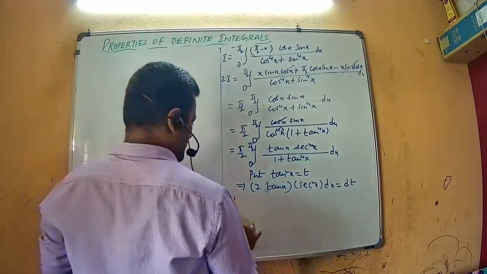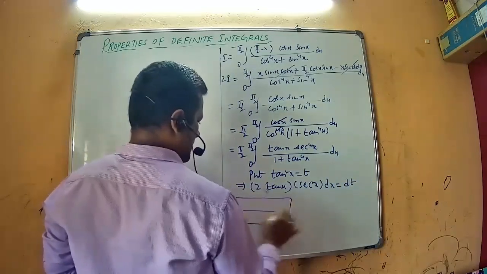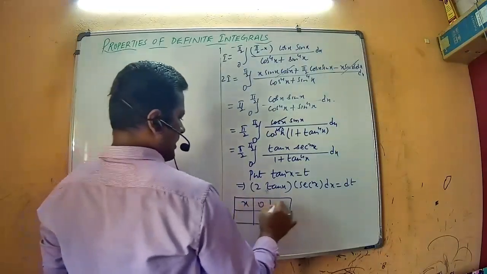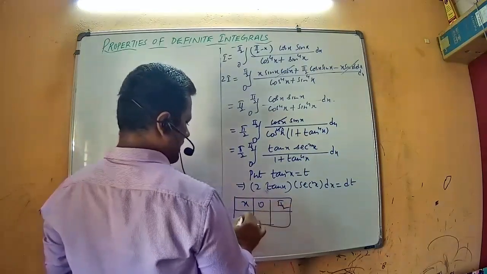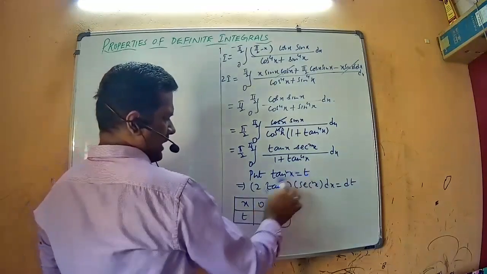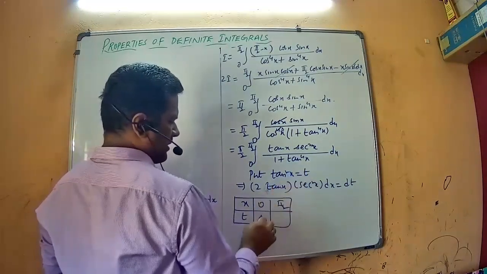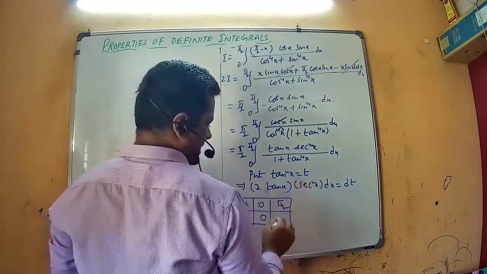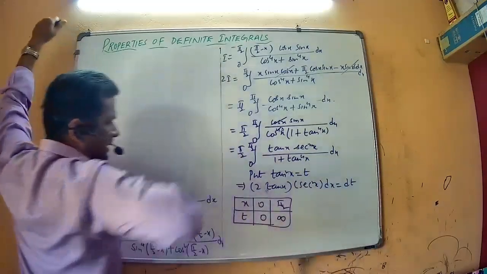Now the limits also will change. The old limits are 0 and pi by 2. So the new limits will be, when x is equal to 0, t also will be 0, tan 0 is 0. When x is equal to pi by 2, t will become tan square pi by 2, which is nothing but infinity.